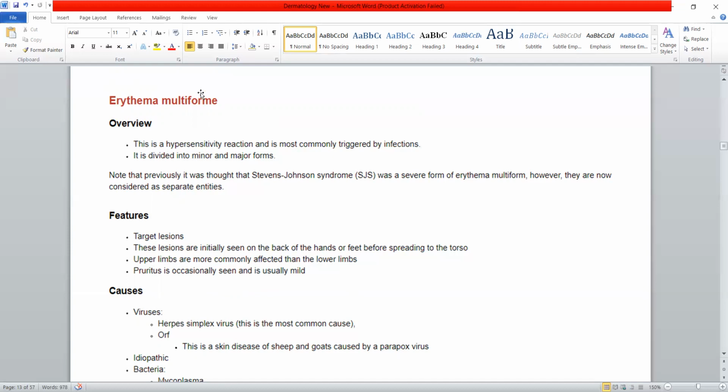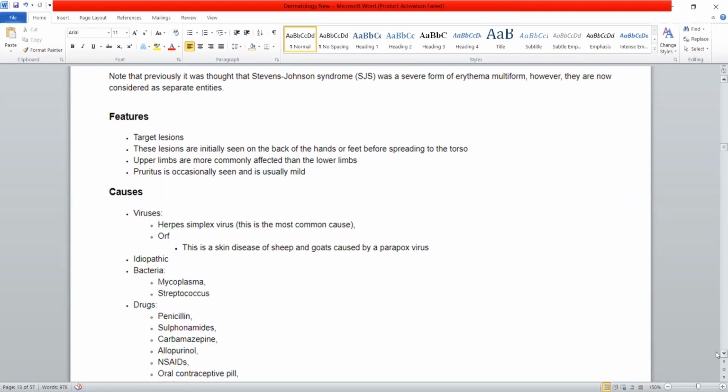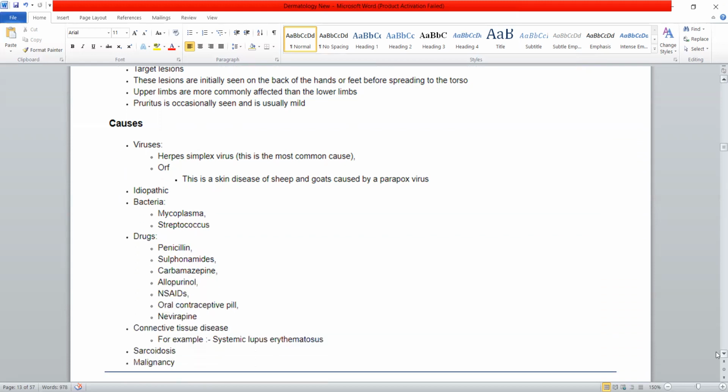Unlike other rashes, such as the rash in chickenpox, which starts from the face and then spreads to the body, erythema multiforme starts on the back of the hands or feet and then spreads to the torso.